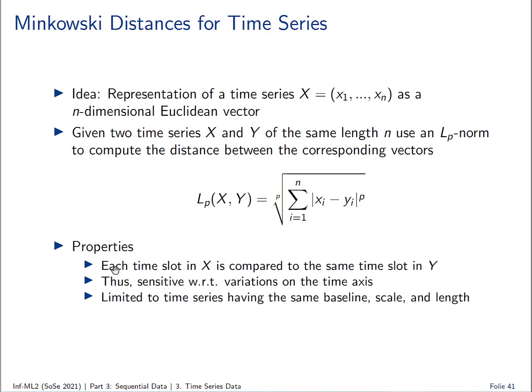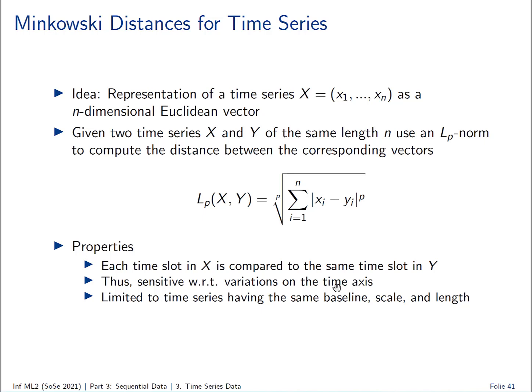So here are some properties. Obviously, each time slot in X is compared to the same time slot in Y. We just mentioned that. Therefore, it's sensitive with respect to variations on the time axis. Maybe we have more or less the same behavior of the two time series, but in Y it is just shifted a little bit along the time axis.